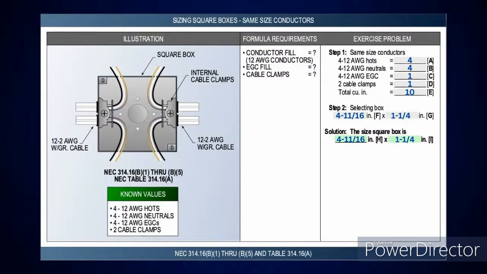So in this case, if I look at this, instead of it being a 2-inch by 1.25 inches, let's say, instead, it ended up being a 4 11/16 by 1.25 inches. That's going to be the smaller box that could be put in there. And you have to go and look at that, because that's going to be over there.